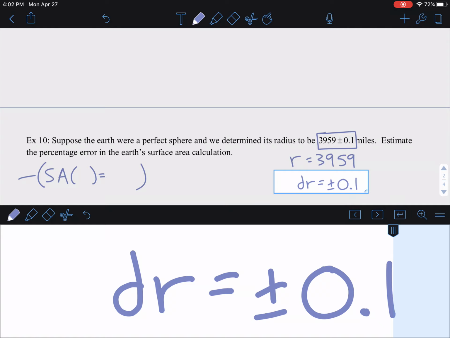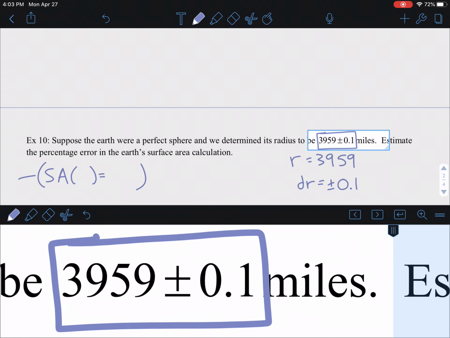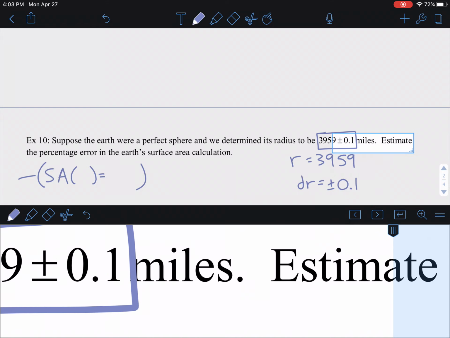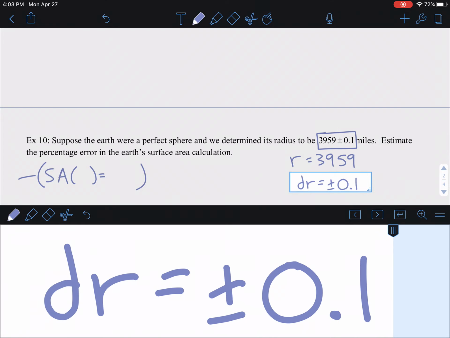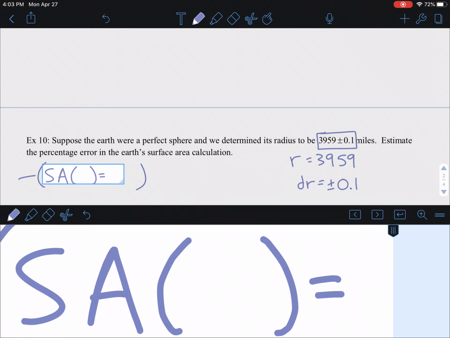We're not quite sure. If you see a stat like that, take the initial value and let that be your input variable, and then whatever is plus or minus represents your change.